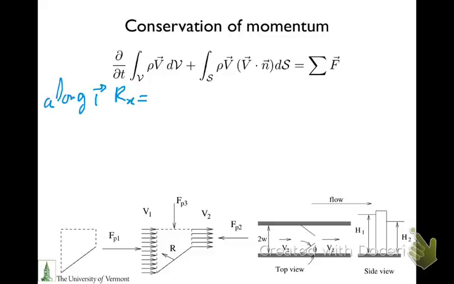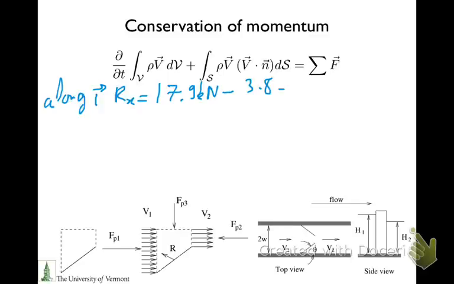The contribution of the momentum V2 is 17.9 kilonewton. The contribution of V1 is 3.8 kilonewton.